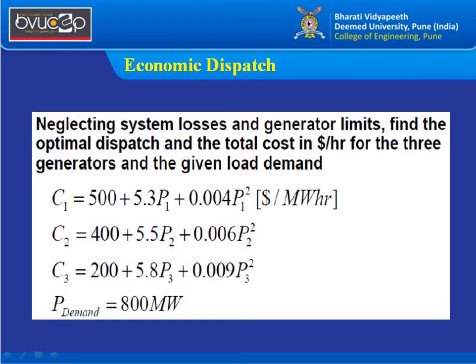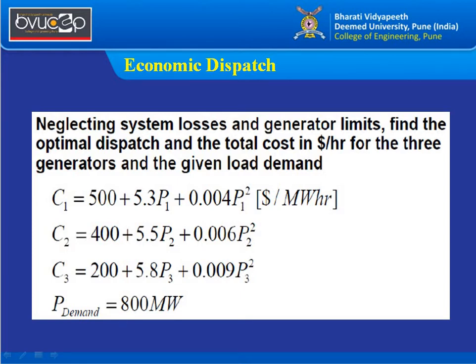So let us first see it without considering the losses and generator limits, and later, when we consider the system losses and the generator limits, how the system behavior is going to change. Let us see one by one. In this numerical we have to find the optimal dispatch and the total cost in dollars per hour for the three generators and the given load demand.